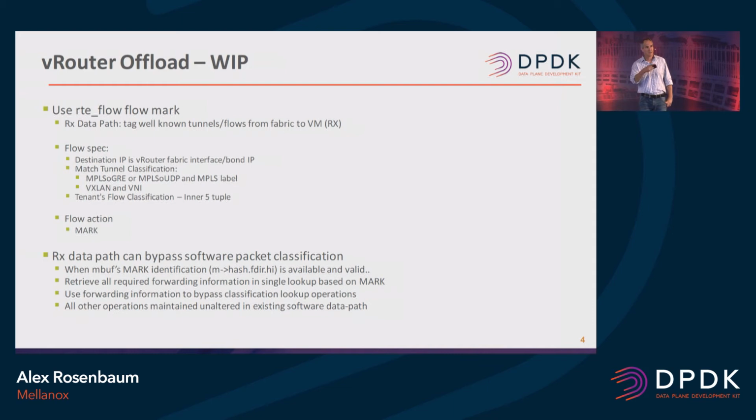Again, we touched on this in the presentations of how to do good hashes. So this saves the lookup and big hash in CPU. The hardware does this for you. We use the forwarding information to bypass all the classification lookup and maintain other operations that exist in the regular software data path. So that's what we call partial software, hardware acceleration. Hardware does some of the work.